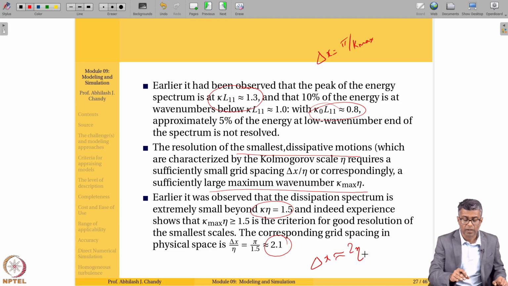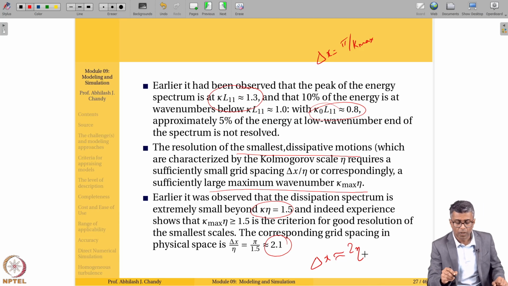Just like on the smaller wave number range, when you're using kappa naught L11 equals 0.8, what you're saying is that you're missing out on 5% of the energy. You're not capturing that 5% of the energy. Fine. In the same way, here too, when you're using this particular criterion, say 2 times eta as your grid spacing, then you are going to be missing out on some dissipative motions, but very little. So I hope that is clear.